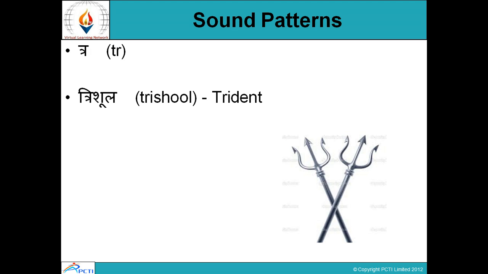Technology has improved. We have automatic things now. We don't need to use these kinds of manual weapons. But it has a place in Indian mythology. It's a weapon used by Lord Shiva, in his hands, and even Goddess Durga also. Trident, Trishul.